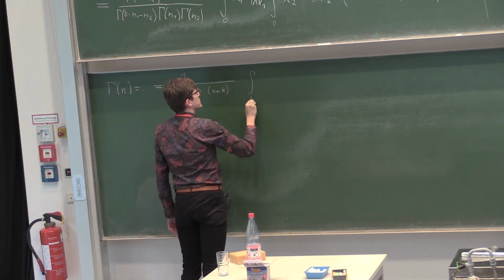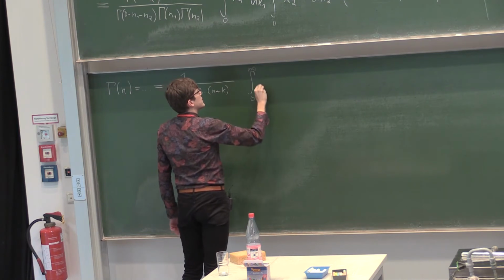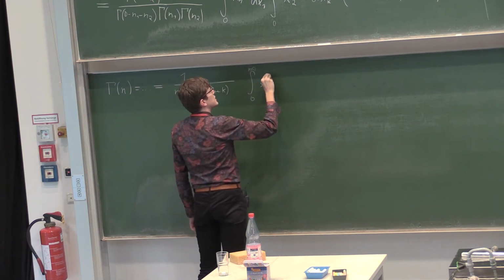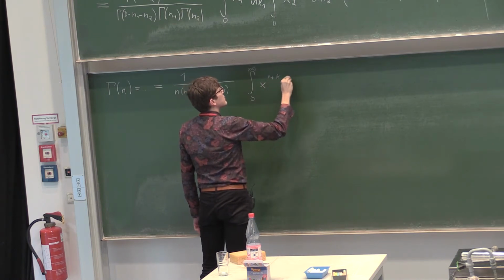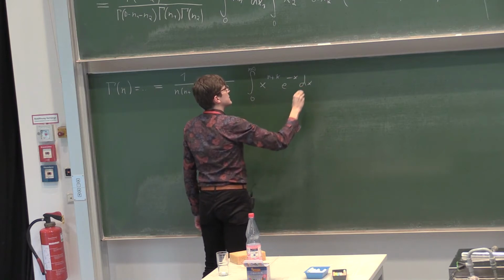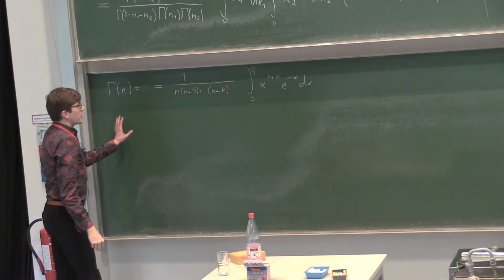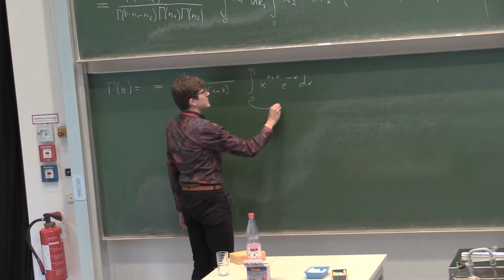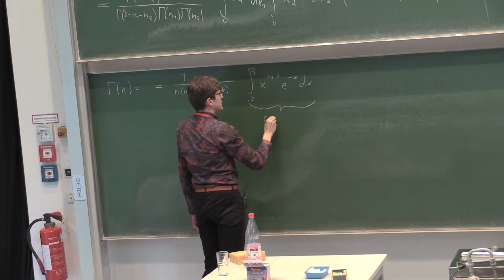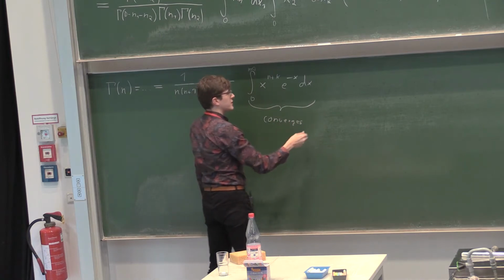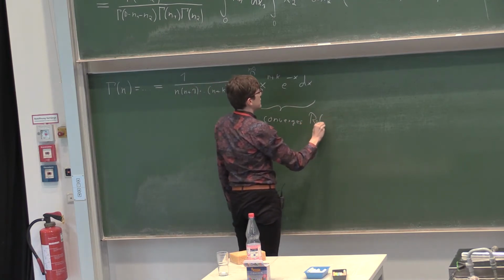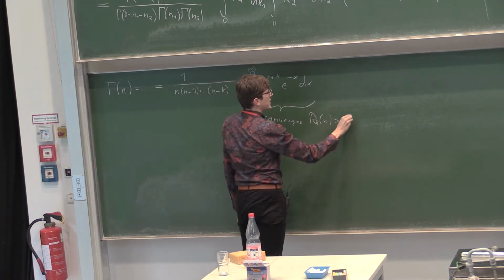Then we would have the integral from 0 to infinity, x to the n plus k minus 1, e to the minus x dx. And the point is that this integral converges and is holomorphic in the region where the real part of n is greater than minus k minus 1.